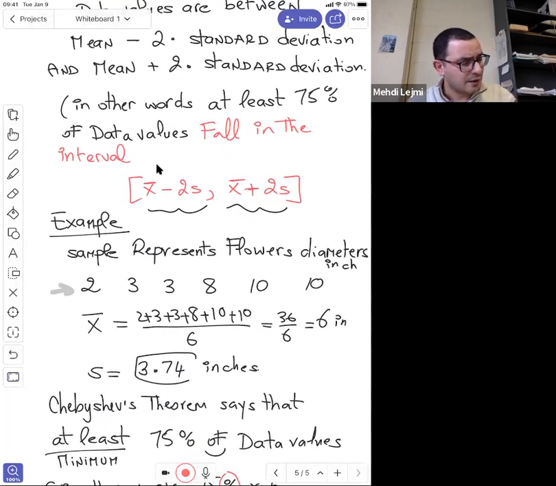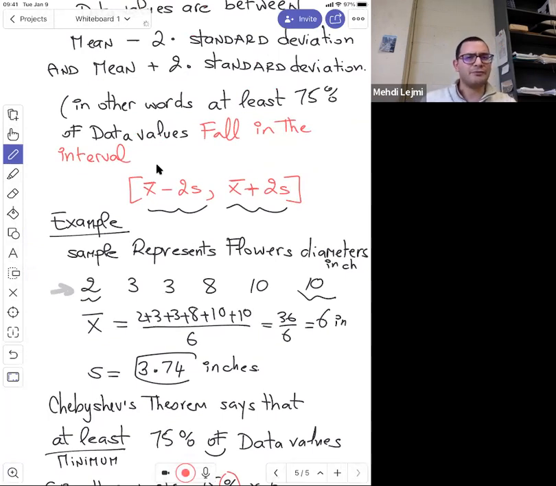As you can see, the diameters are from 2 to 10, so all the flowers have their diameters between negative 1.48 and 13.48. But the theorem says at least 4.5.